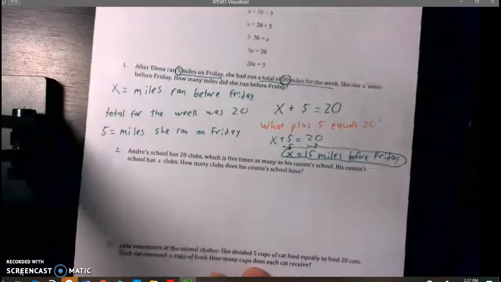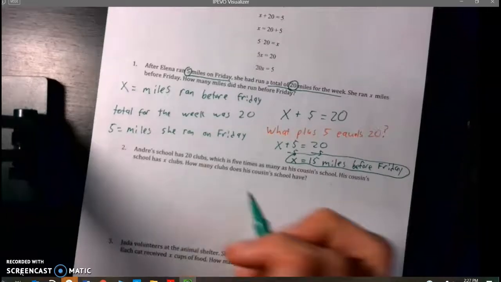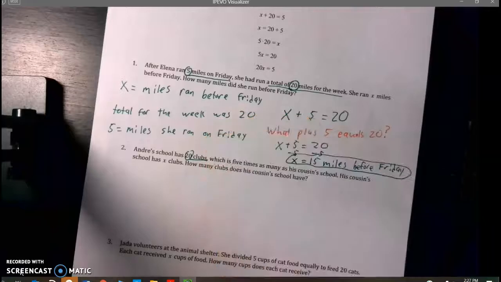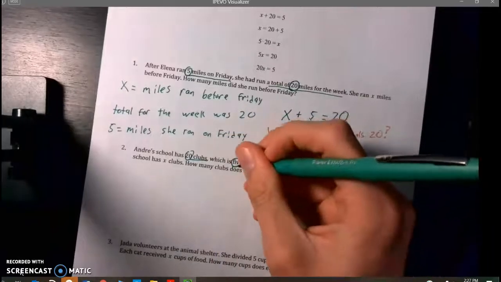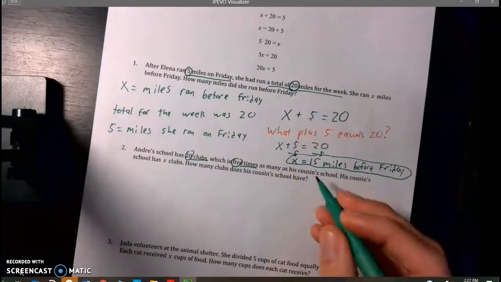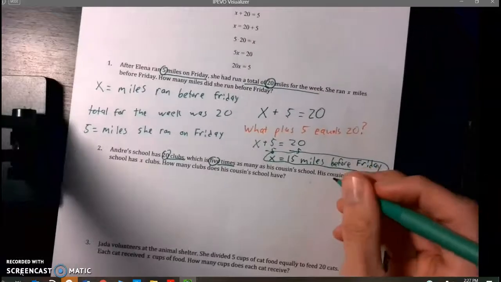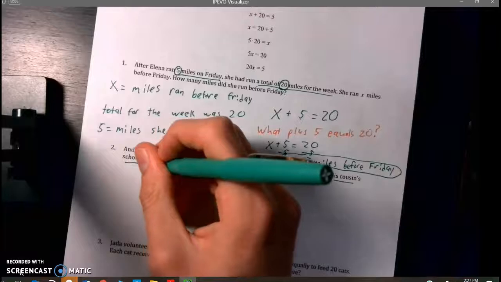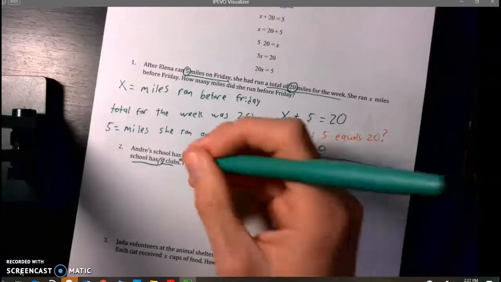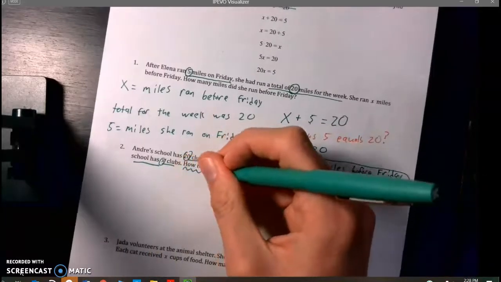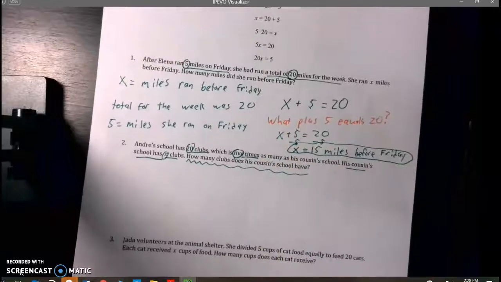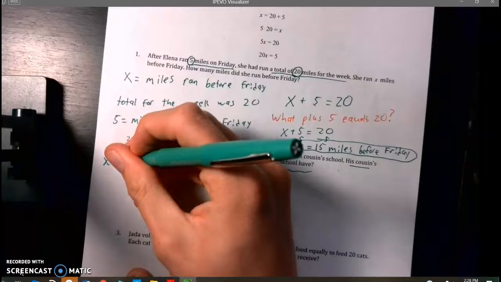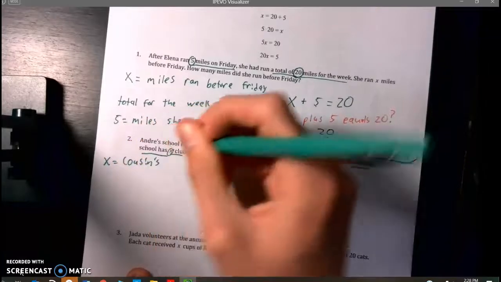All right. Now let's look at the other two. So Andre's school has 20 clubs. So once again, let's annotate our text, which is 5 times as many as his cousin's school. His cousin's school has X clubs. And then our question, how many clubs does his cousin's school have? So that's our question. All right, so once again, let's make our key. So X is his cousin's school's clubs.